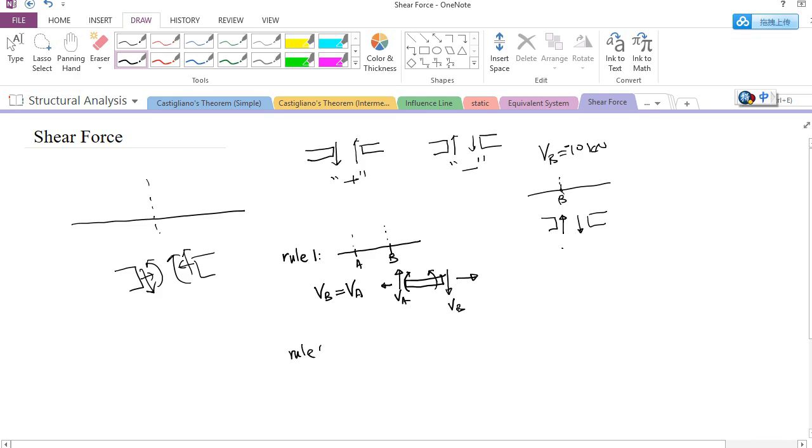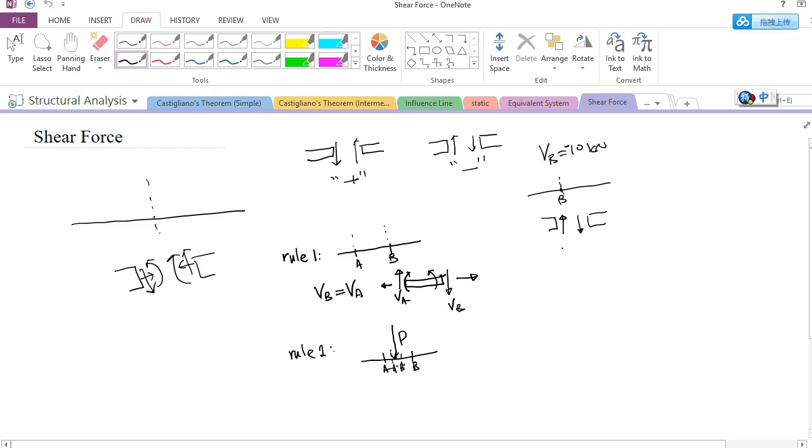Rule number 2. If there is a concentrated force acting between point A and point B, let's see what will happen. What I'm interested in is the point just at the left of the force P and the point just at the right of it.